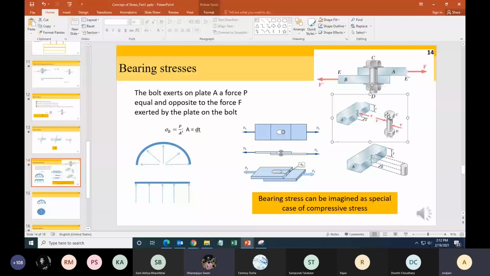They are equal and opposite forces, both are reactions. It is F by A. Okay.